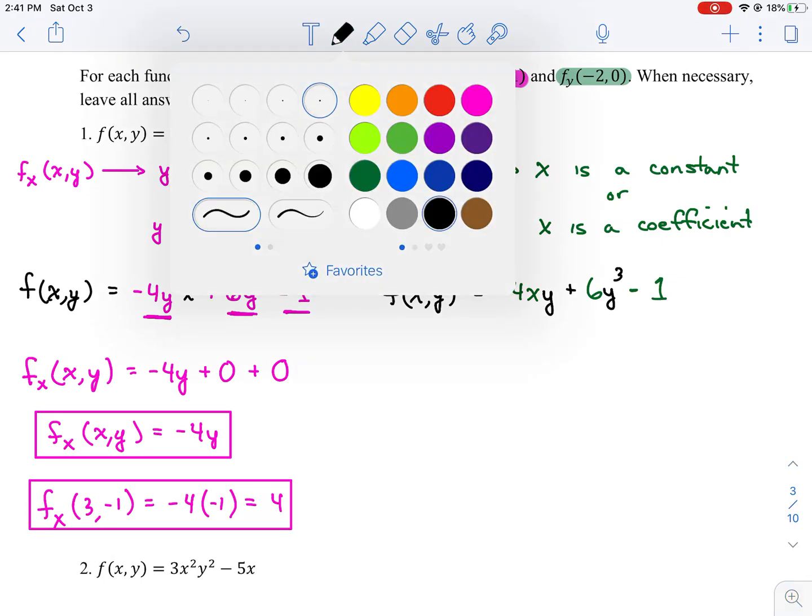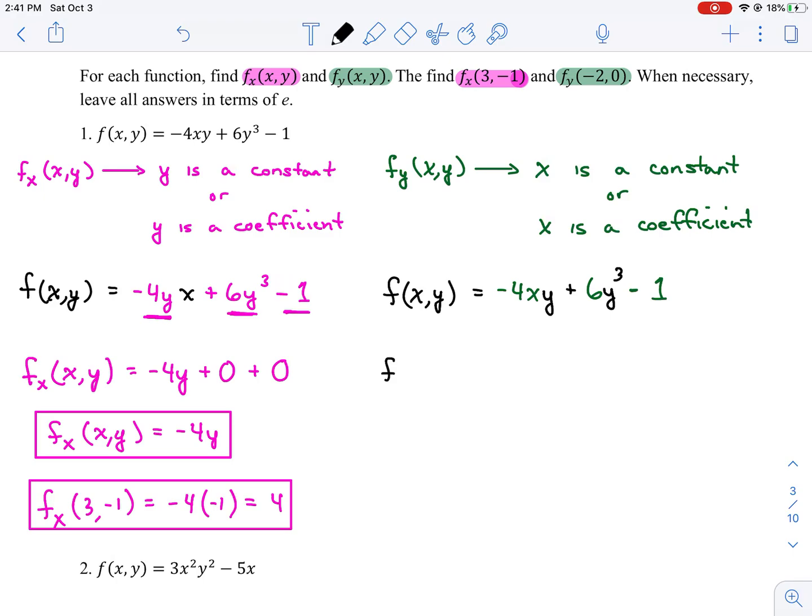Okay, so now we are ready to take the partial derivative with respect to y. And in the first term, the -4x is the coefficient of y. So the partial derivative with respect to y is -4x. Next, 6 is a coefficient of y cubed.